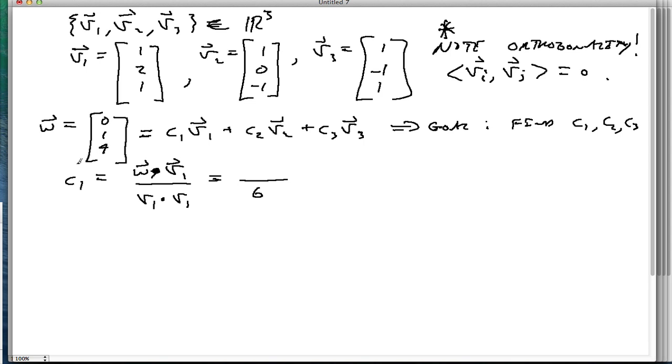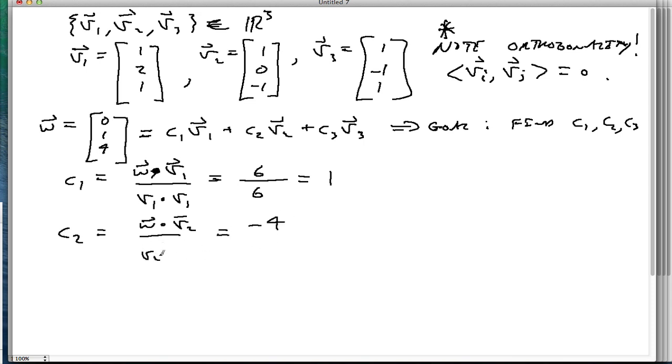And the dot product of W with V1 is also going to be 6. So 6 over 6 is 1. So that's the first answer. C2: the dot product of W with V2 is going to be negative 4.